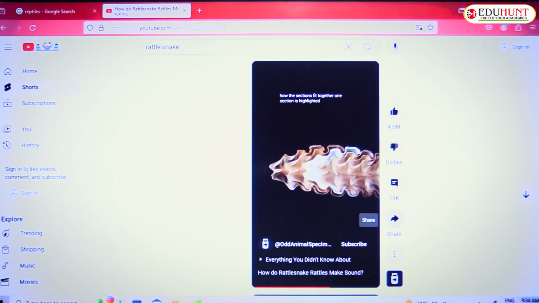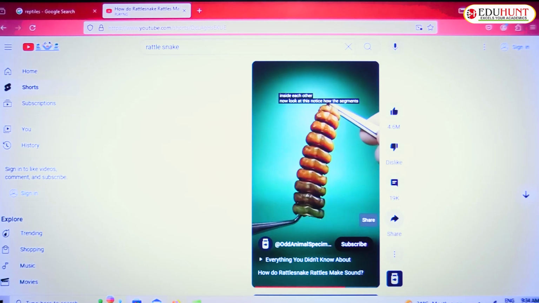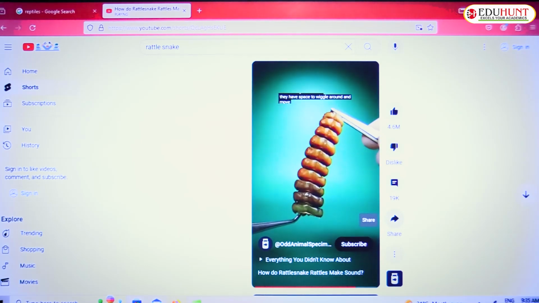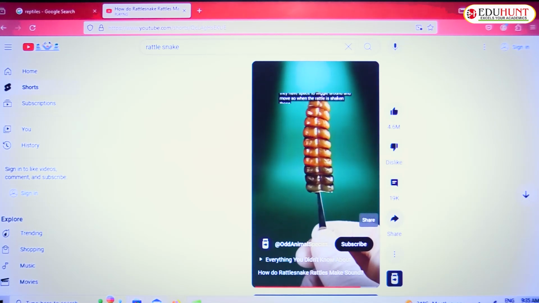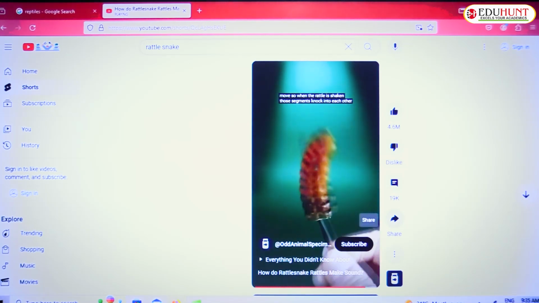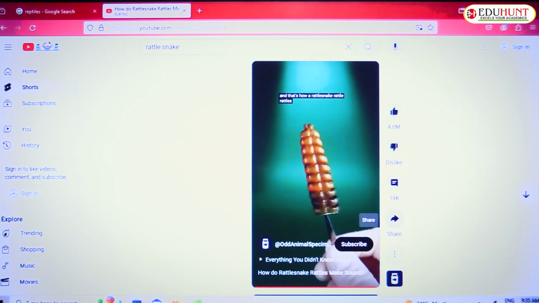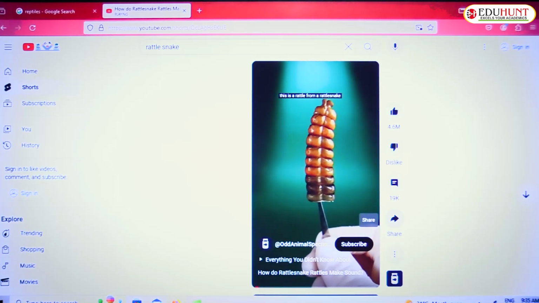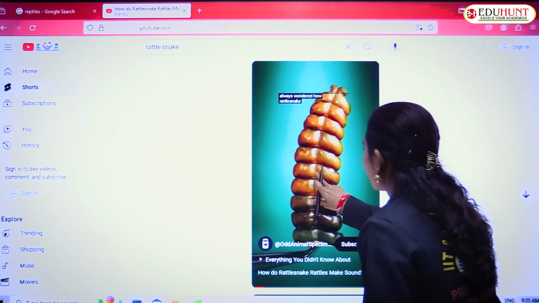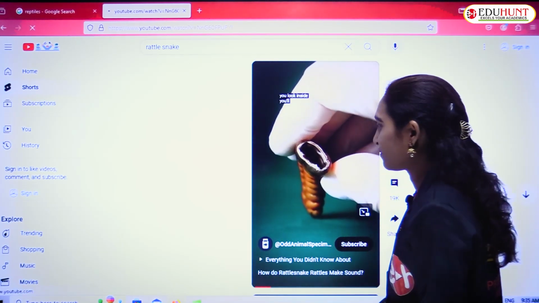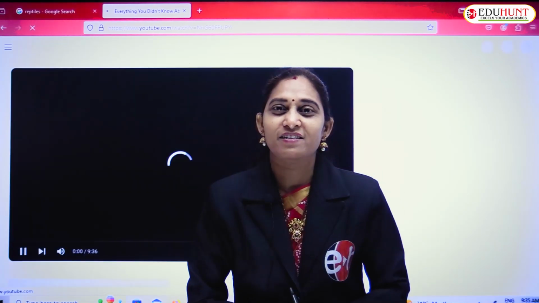One section is highlighted in white. See how all of the segments fit loosely inside each other? Now look at this. Notice how the segments aren't firmly connected. They have space to wiggle around and move. So when the rattle is shaken, those segments knock into each other. And that's how a rattlesnake rattle rattles. This is a rattle from a rattlesnake. I've always wondered how rattlesnake rattles make sound. Well, if you look inside, you'll see it. Yes. Quite interesting.